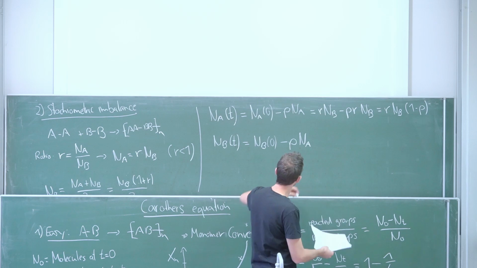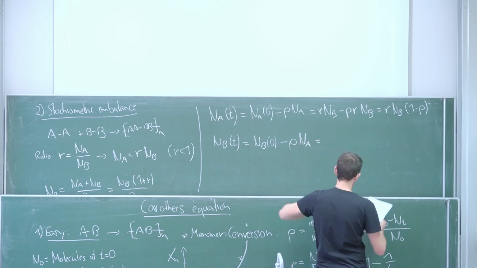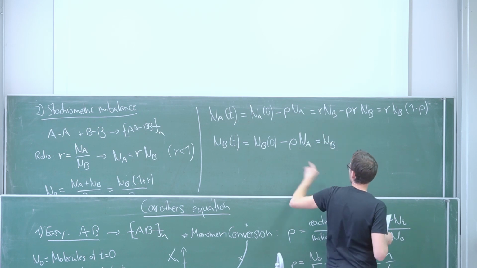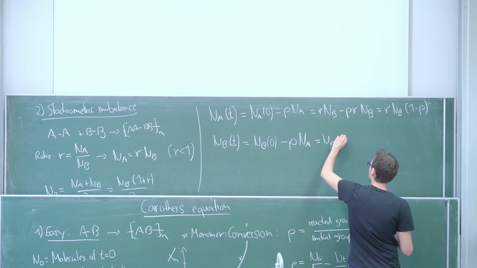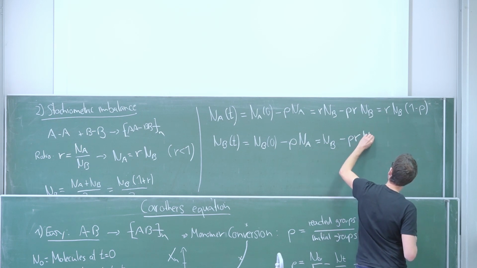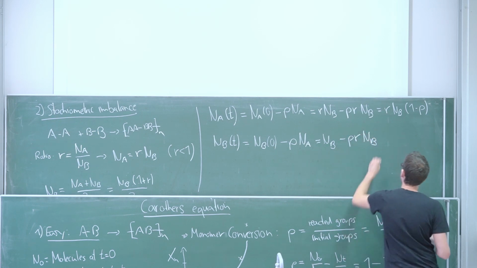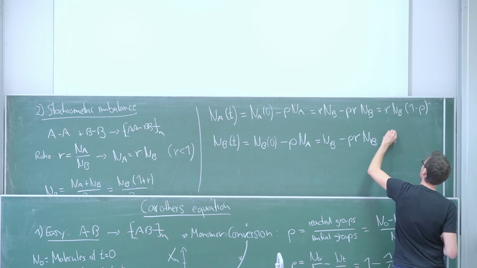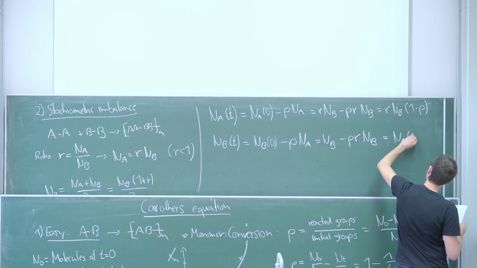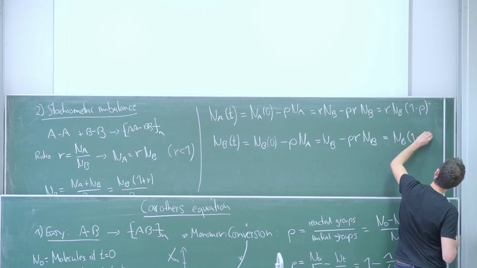Okay, and again, we now express everything in terms of B. This doesn't change. And I just omit the zeros here to have less to write. Nb minus P R Nb, and this would be Nb times (1 minus R P).